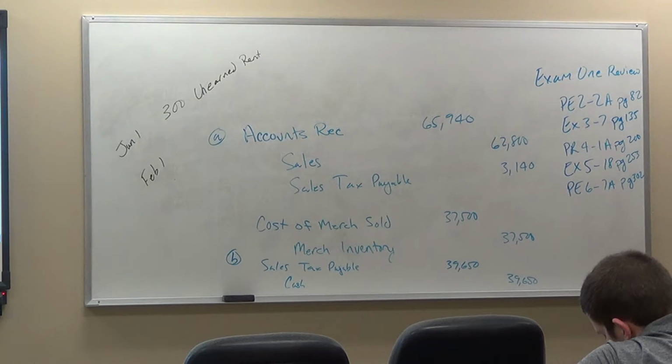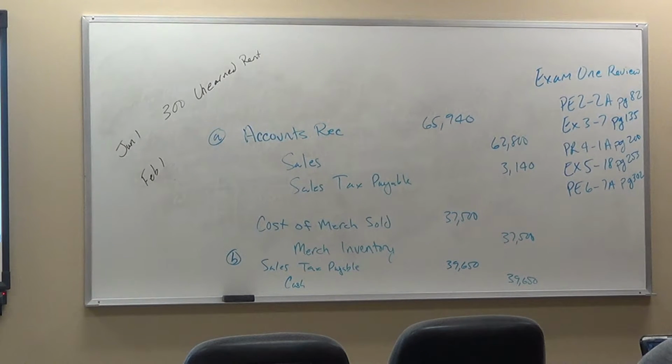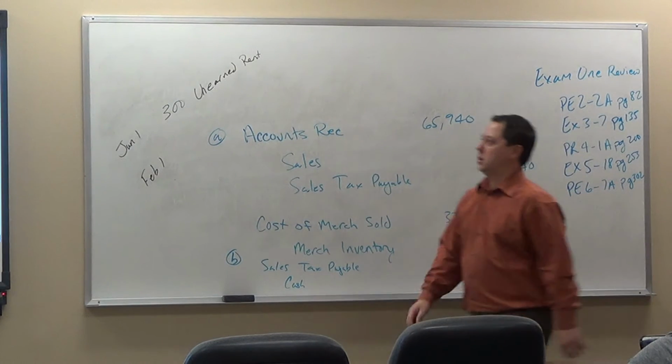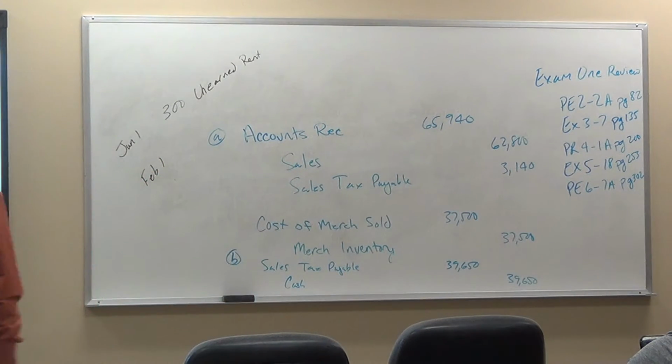So let's kind of walk through that. Actually, I'm going to bring up this spreadsheet. Move that over so we can see that. We'll just kind of walk through here. So we got to figure out what accounts it will hit in the balance sheet.